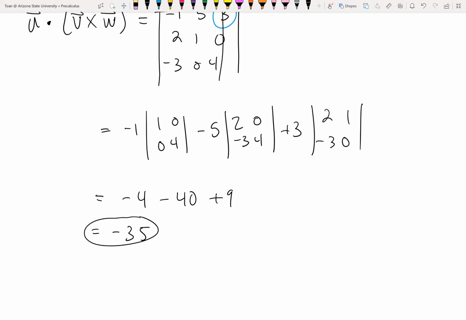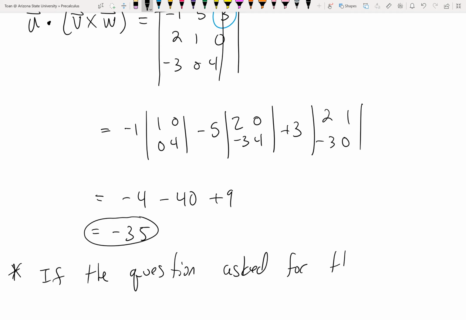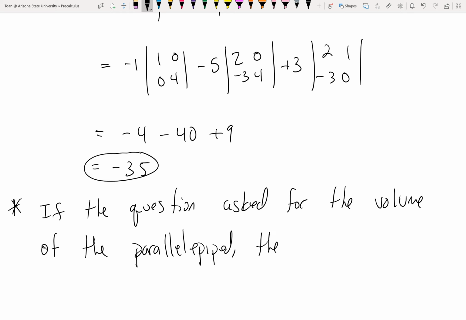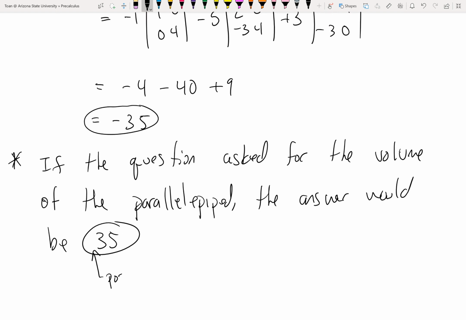Again, if the question asked for the volume of the parallelepiped, the answer would be positive 35, right? Just keep that in mind.